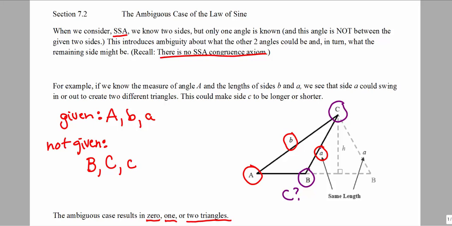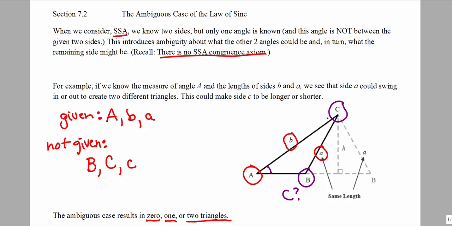You notice here that just because we are told what the length of side A has to be does not necessarily guarantee that we know what angle C would have to be. So let's say that we know angle A, that's established, and we know that the length of B would have to be this.